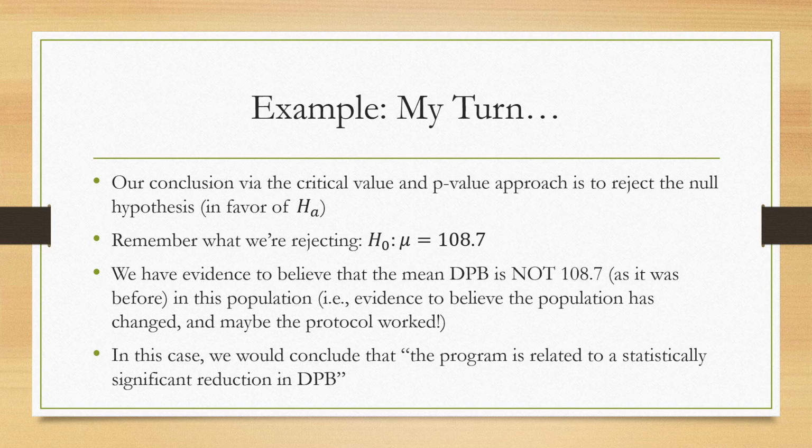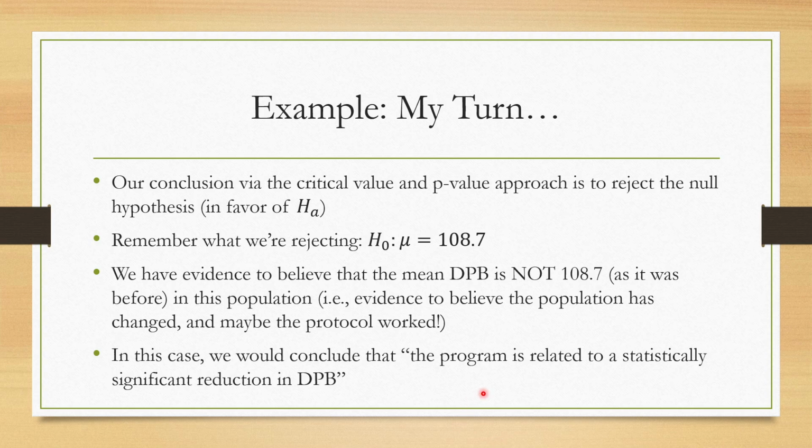And so we just do that comparison to determine, was this a significant reduction or a significant increase in DBP? We use statistically significant because the test was way out from that null distribution. So if it wasn't way out from the null distribution, we would say the program is not related to a statistically significant reduction in DBP, or that we don't have evidence to conclude that the program is related to a reduction in DBP.